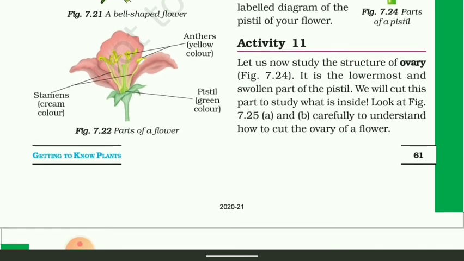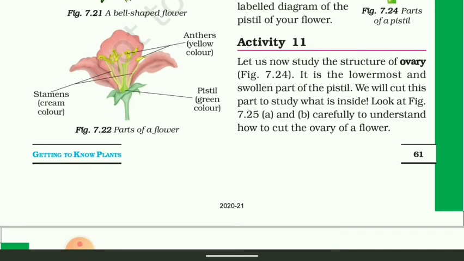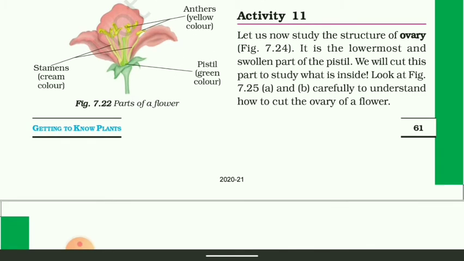Activity 11. Let us now study the structure of the ovary. It is the lowermost swollen part of the pistil. We will cut this part to study what is inside. Look at figure 7.25 A and B carefully to understand how to cut the ovary of a flower.